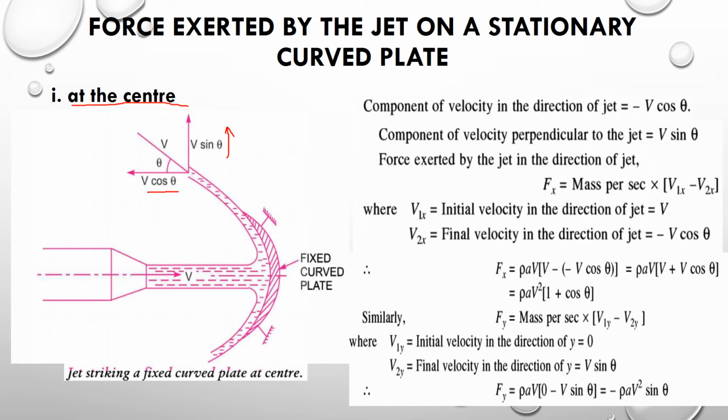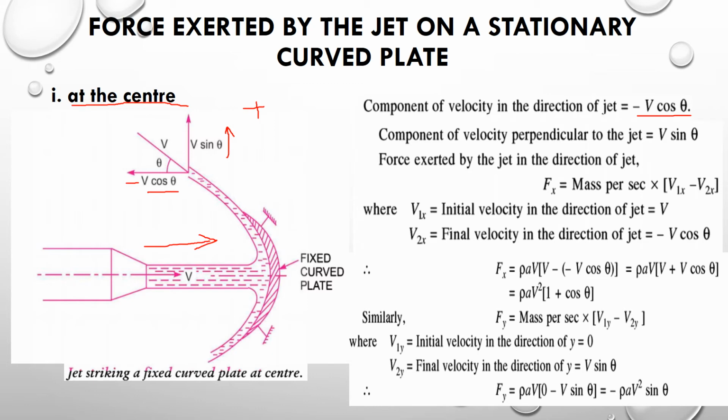We know the direction of the jet before striking is like this, but after striking the direction of the velocity gets reversed, as shown in this figure. So this is minus v cos theta. Hence the component of velocity in the direction of the jet is minus v cos theta, and similarly the component of velocity perpendicular to the jet, taking this as the positive direction, is v sin theta.